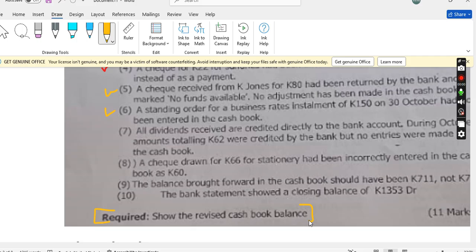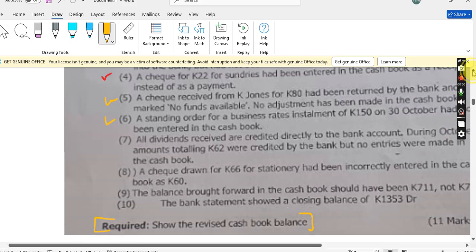Bank reconciliation is just about correcting the differences between the cash book and the bank statement. There will be some transactions which you might not record in the cash book but the bank has recorded, or vice versa, and then you find there are differences in the balances. So here we're trying to correct those differences.